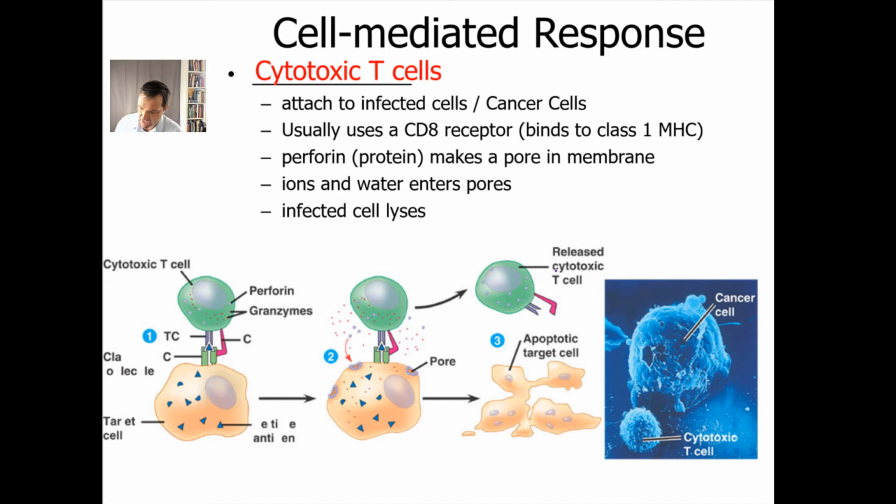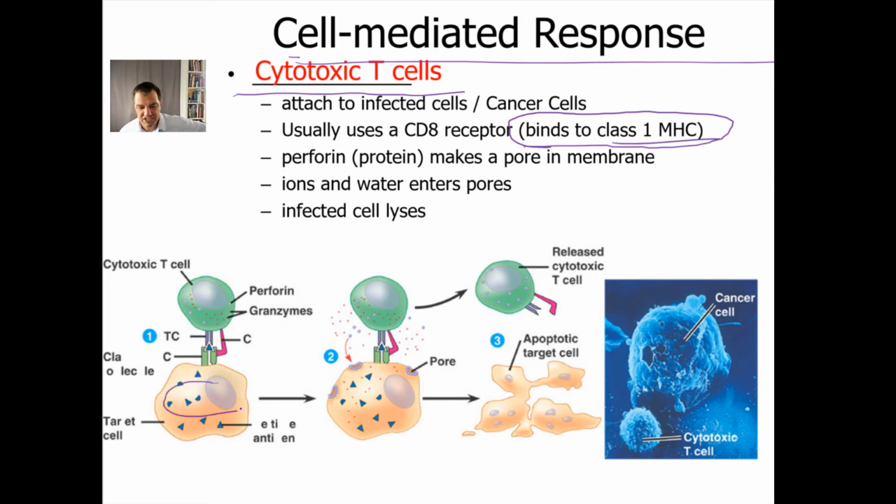Okay, now in a cell-mediated response, what you're doing is we're using cytotoxic T cells, but what we're really trying to do here is a little bit different. We're binding to a damaged or missing class 1 MHC.